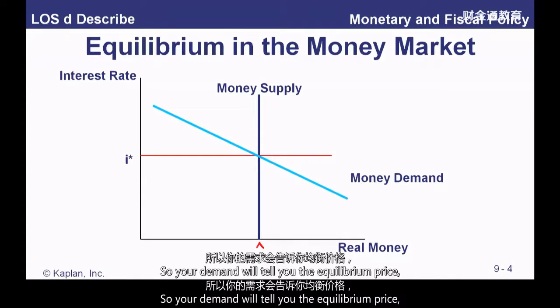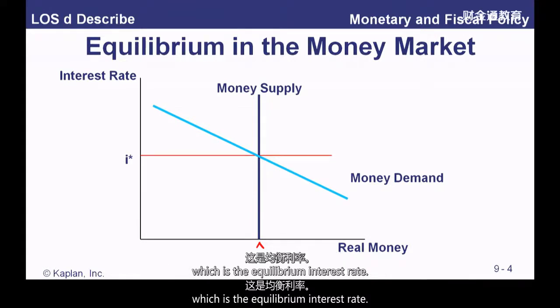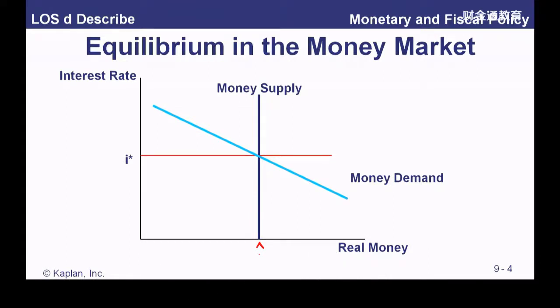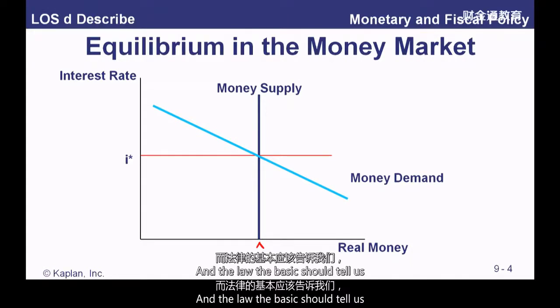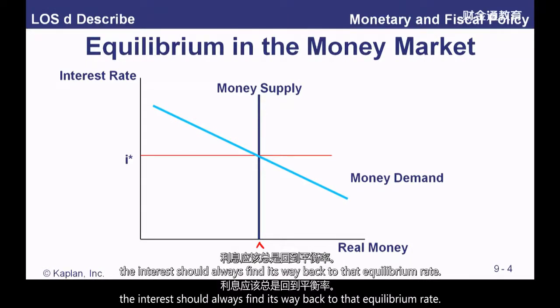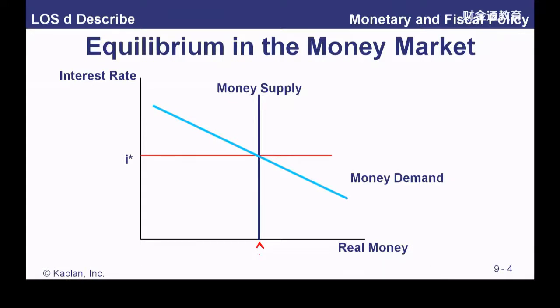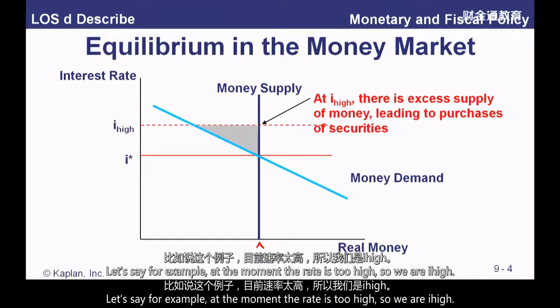So your demand will tell you the equilibrium price for money, which is the equilibrium interest rate. And the laws of basic economics should tell us the interest rate is always going to find its way back to that equilibrium rate. Let's say, for example, at the moment the rate is too high. So we're at I high.